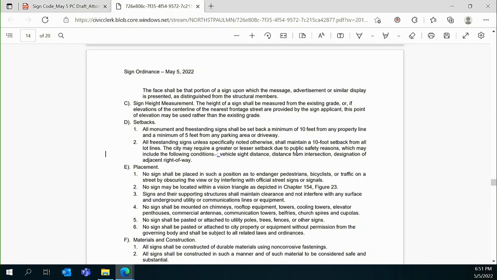I didn't know if we were trying to do something specific with monument, but then it wouldn't have made sense to say all monument and freestanding. So if we do number 2 and add the minimum of 5 feet from any parking area or driveway, after the lot lines?